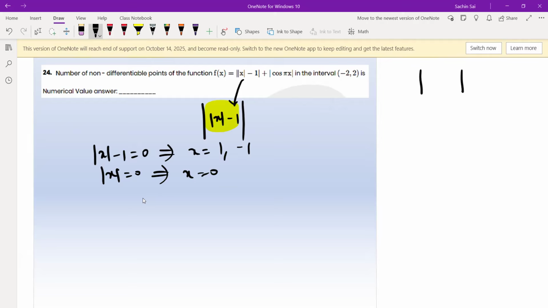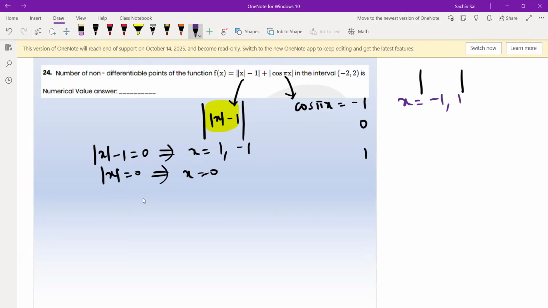Right? The second part of the function has cos of pi x, which can either be minus 1 or 0 or plus 1, right? You have cos pi x inside the modulus function. When will cos pi x be minus 1? When x is either minus 1 or plus 1, right? Because for cos theta to be minus 1, theta must be an odd multiple of pi, right?